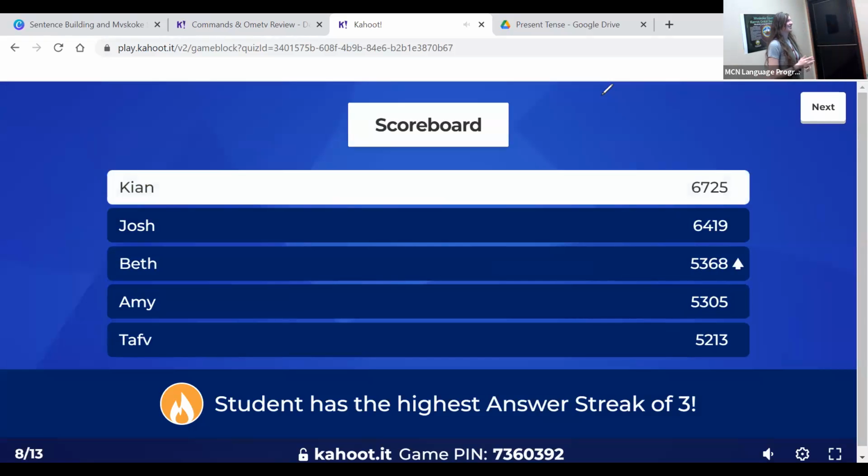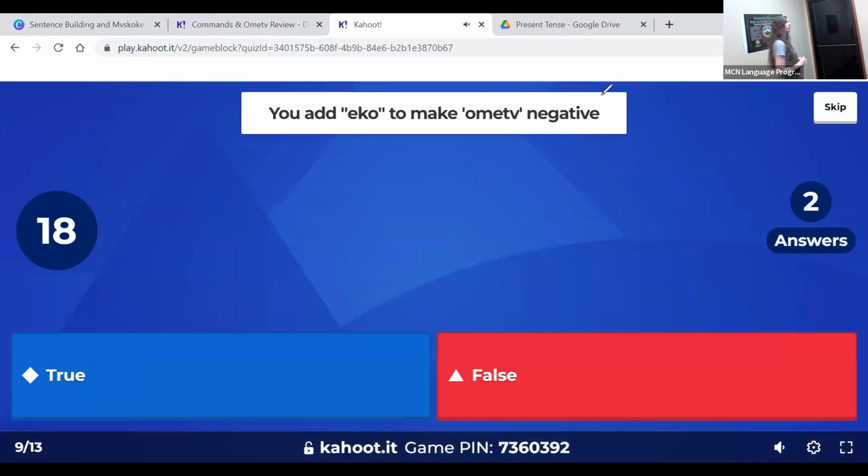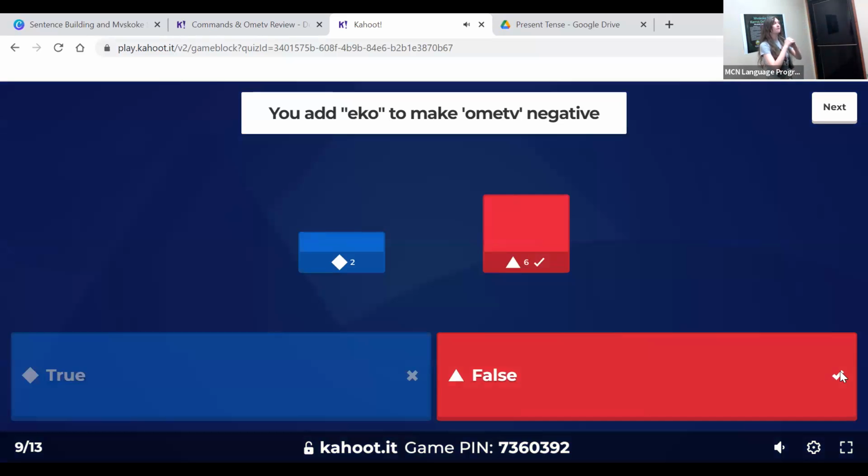Dang. There's all this movement, but Kian's keeping the top. You add ego to make omada negative. True or false? It is false. Now, we haven't talked about it yet.